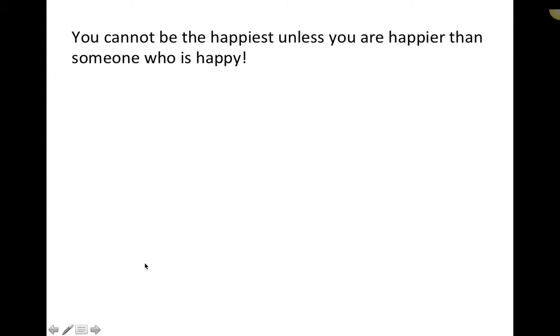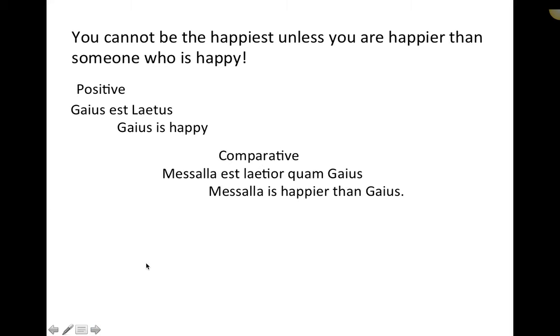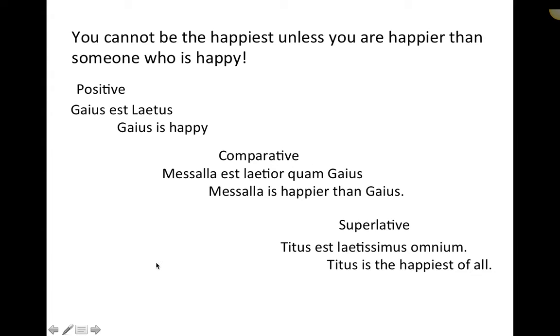We talked basically about the difference between positive, comparative, and superlative already. Positive is your normal adjectives that we've had the whole time. Comparative, you're comparing two things to each other. So this is Marcella being compared to Gaius, and we're saying that Marcella is the happier of the two. And then your superlative, this is comparing one thing to a ton of other things, or to more than one other thing.